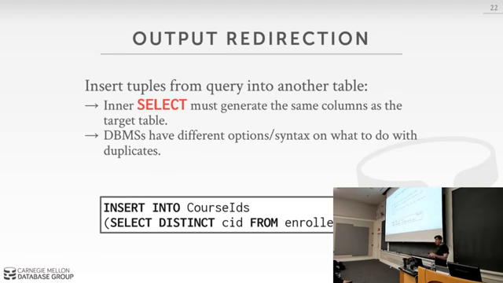Some database systems will throw an error immediately as soon as they see a duplicate, and no tuples get written. Other ones will insert the ones that succeeded and just ignore the ones that failed, or maybe just crash right away, right? So again, the SQL standard says this is the syntax to use, but how the systems actually implement it will vary widely.